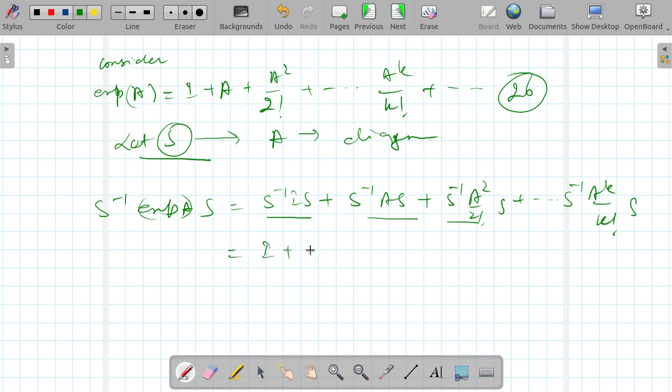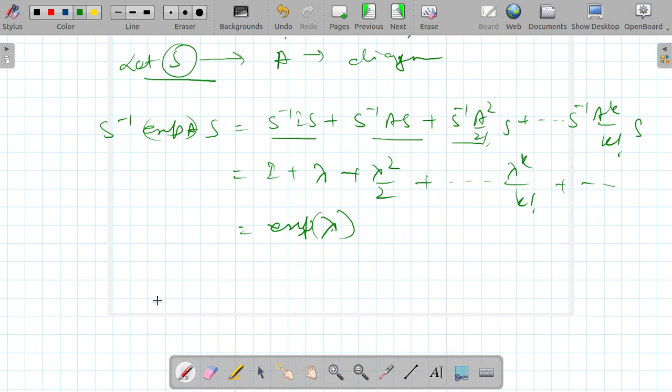So it is I plus lambda plus lambda square by 2 factorial and so on, lambda k by k factorial and so on. So it is exponential of lambda. Similarly, I can prove that exponential of A can be written as S exponential of lambda S inverse.